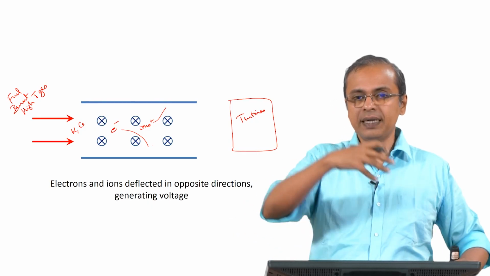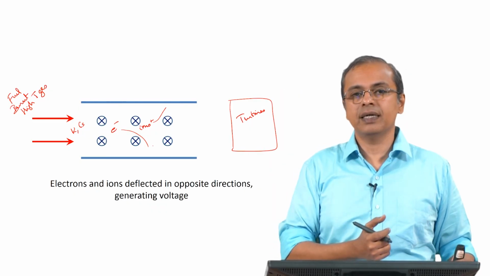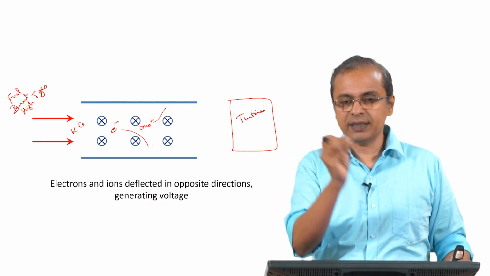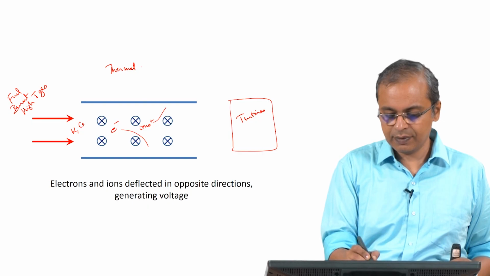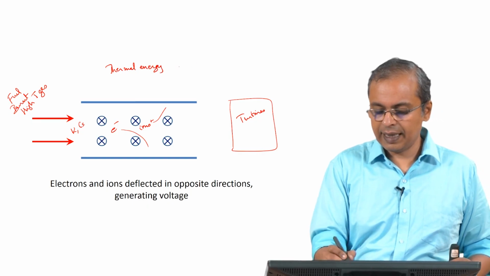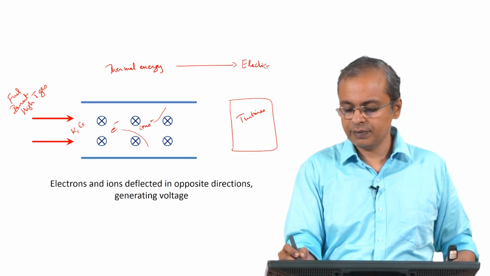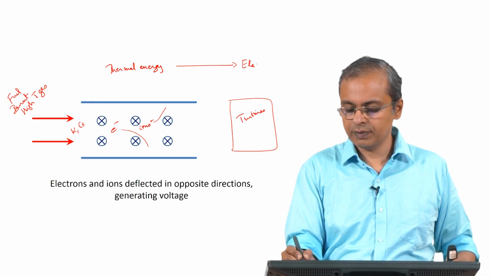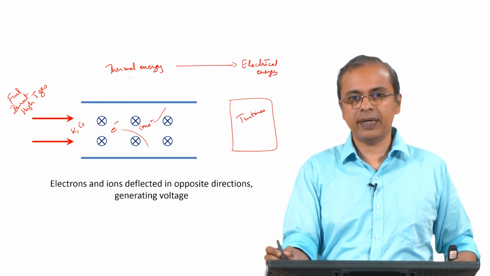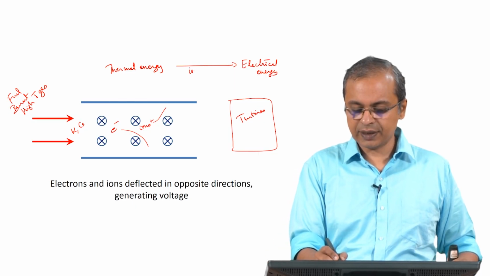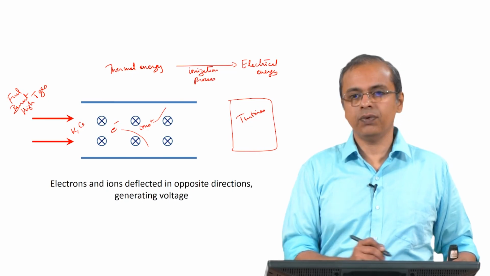So, some electrical energy has come out of the thermal energy that was available in the gas stream using an ionization step in the middle. So, from thermal energy you went to electrical energy by simply including an ionization process in the middle. Okay, so that is the idea.